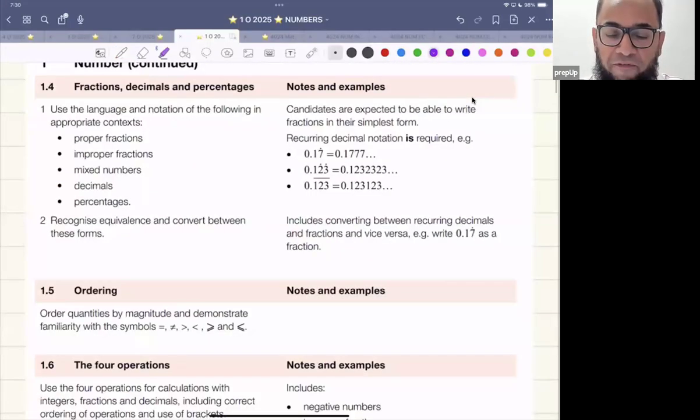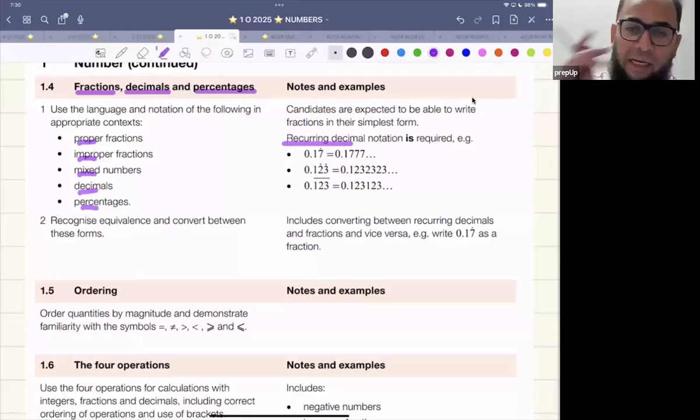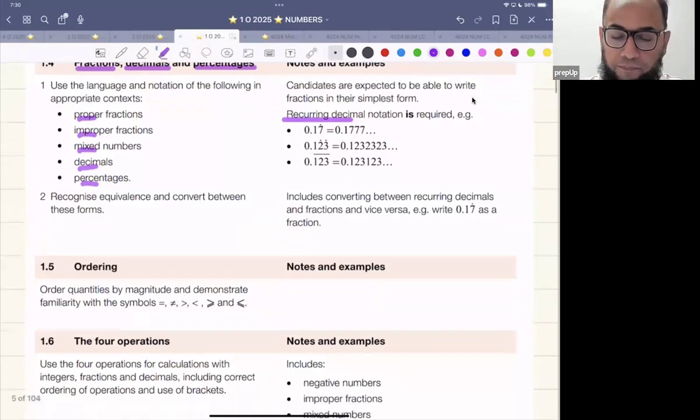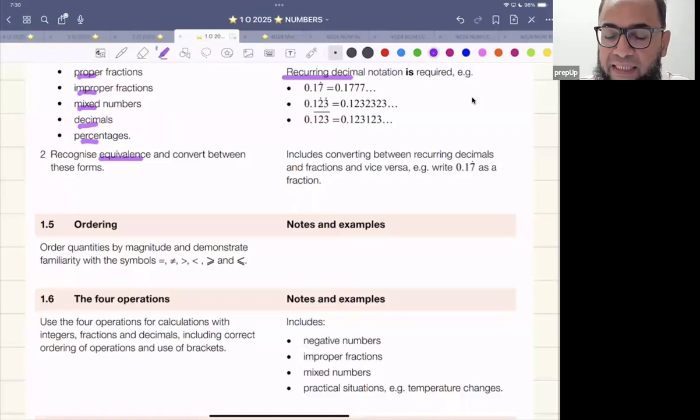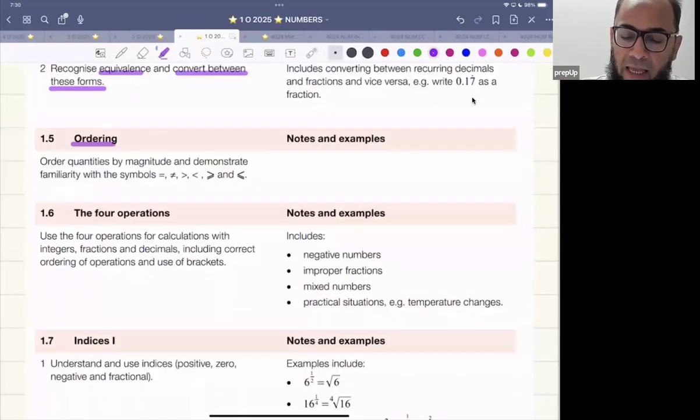We can talk about fractions, decimals, percentages: proper fraction, improper, mixed number, decimal, percentages, conversion, recurring decimal. I have made a video explaining everything in great detail, so watch that video. Recognize equivalence and convert between these forms. Of course, that's part and parcel. Ordering: order quantities by magnitude and demonstrate familiarity with the symbols equal, not equal, greater than, less than, greater than or equal to, less than or equal to.